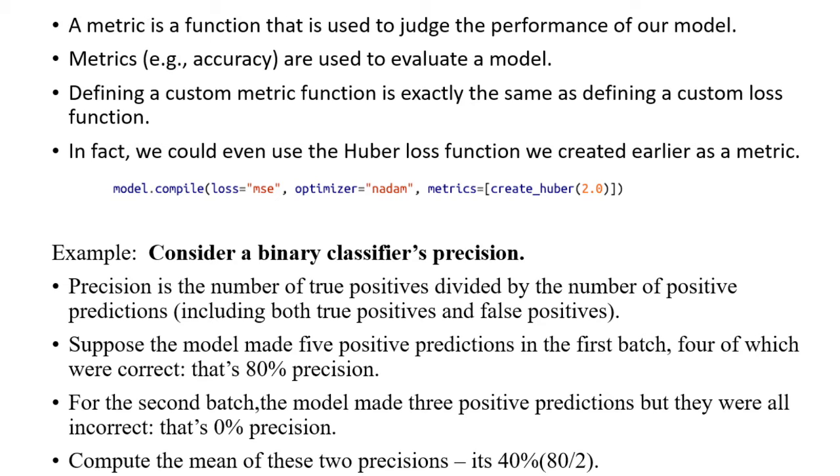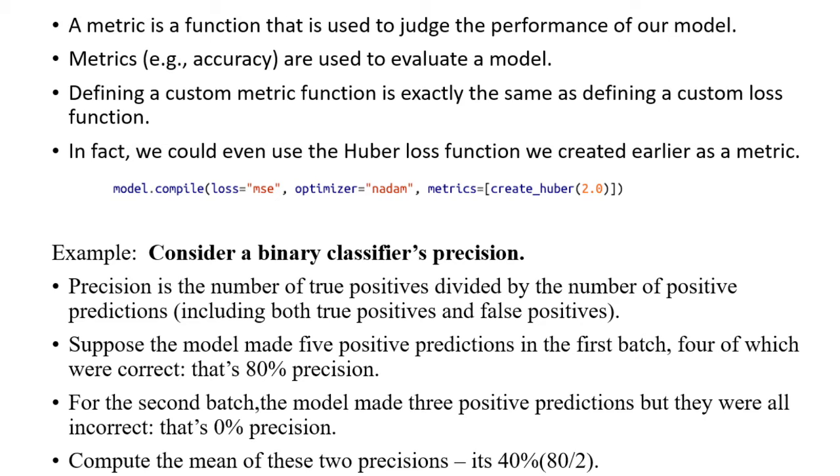So we already know what a custom loss function is. The custom loss function that we declared earlier was a Huber function, which is used to find the square loss or a linear loss based on the threshold. Here we can use the same custom loss function, that is the Huber function, as a custom metric function.